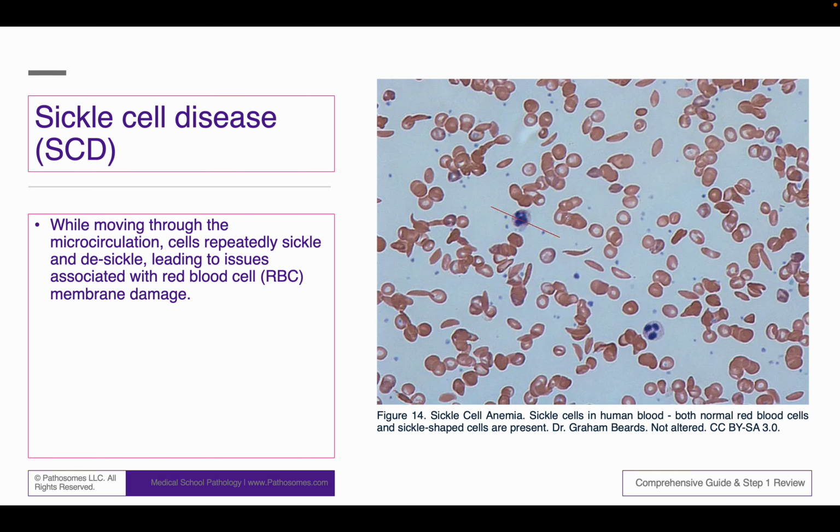While moving through the microcirculation, cells repeatedly sickle and desickle, leading to red blood cell membrane damage in our older patients. Take a look at this peripheral blood smear. See all those sickle-shaped red blood cells? Interesting.